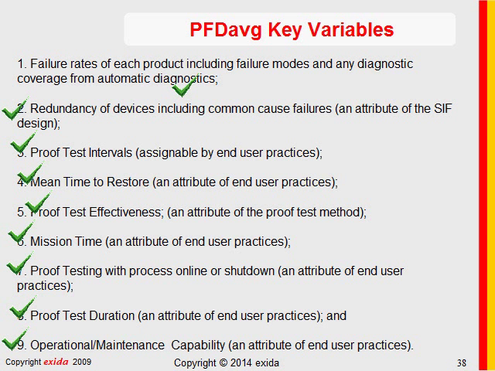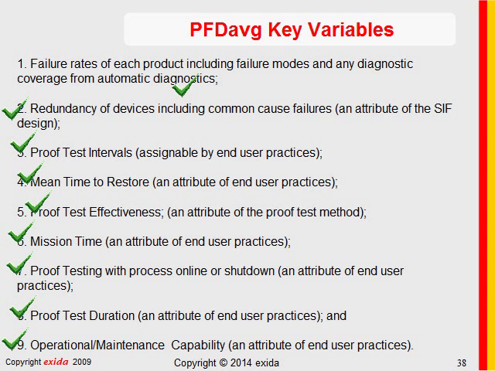So proof test coverage is still a big deal. I can assure you, Exida, we're doing everything we can to give you more and more proof test effectiveness data. And we're publishing more and more average numbers in our new books. We have a new book on final elements and remote actuated valves coming out first quarter of 2015, which will have a whole lot of failure rate and proof test effectiveness data in it.